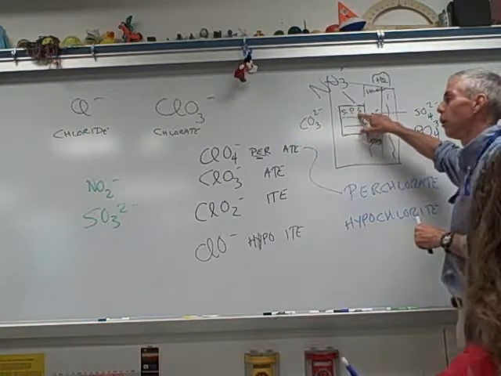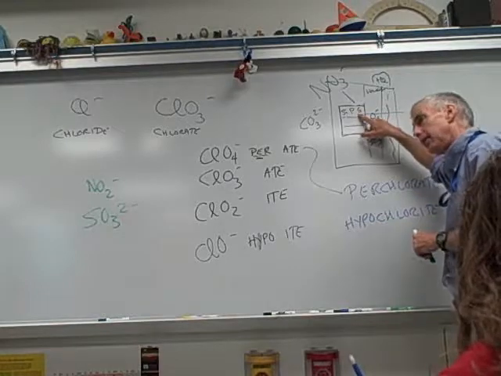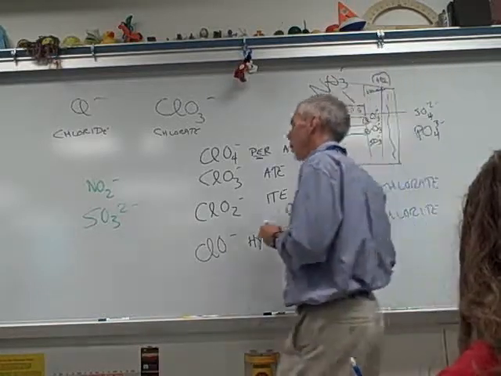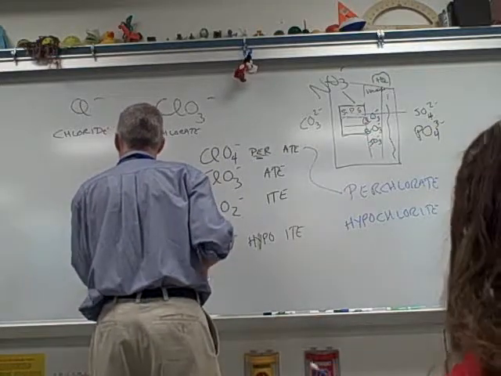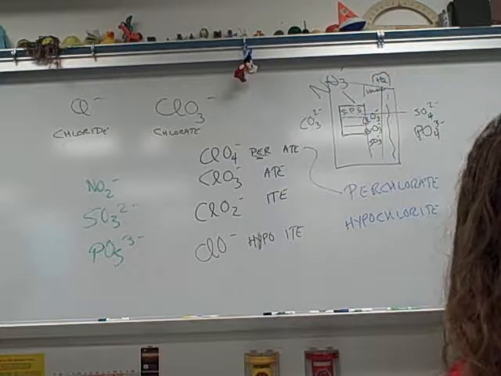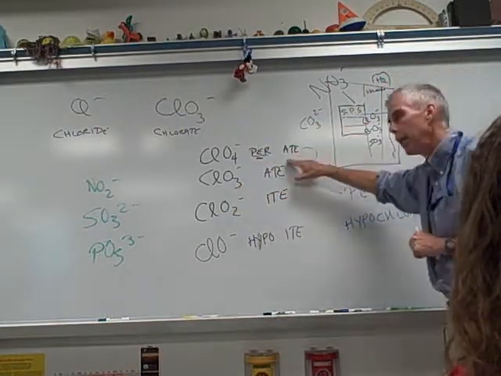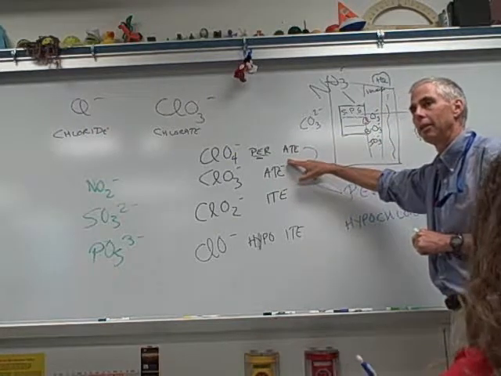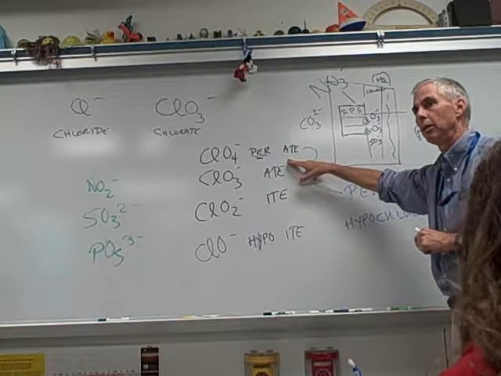Okay, so if SO4 is sulfate, SO3 is sulfite. All right. What if I said PO5 3 minus? Perphosphate. You good? Seeing where it's going?